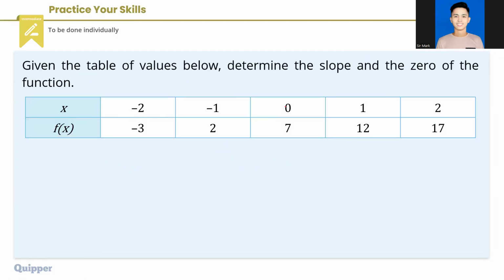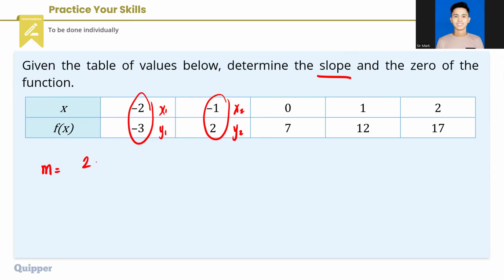Given the table of values, determine the slope. How do we do that? You choose two ordered pairs. It's up to you. Any ordered pairs. Let's say, for example, you will choose the first two. So we'll have x sub 1, this is our x sub 1, this is our y sub 1, x sub 2, and y sub 2. Let's do substitution in the formula.